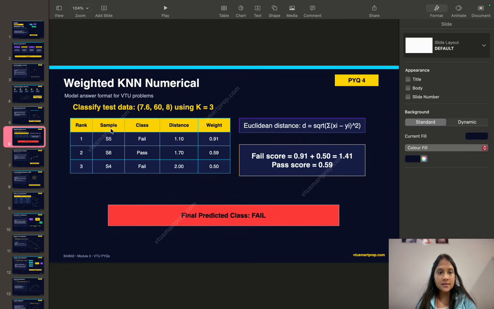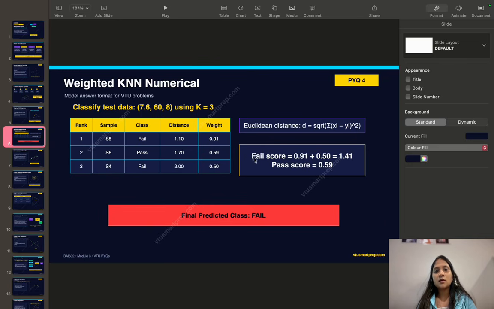They will give you the table and the test data: 7.6, 68, and using k equals 3. Using the Euclidean distance formula, d equals square root of summation of (xi minus yi) to the power of 2.